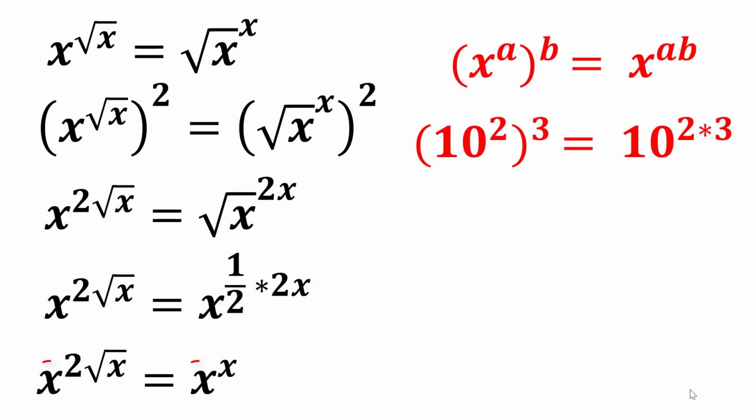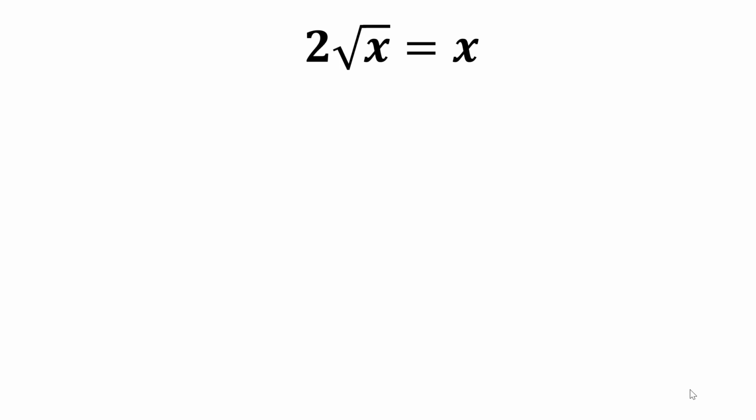We know that if the base is the same, then their respective powers are also equal. Here the base is the same, x, hence in LHS and RHS consider only the powers to solve the problem. That is, consider only 2 root x equals x. Now the equation is simplified.